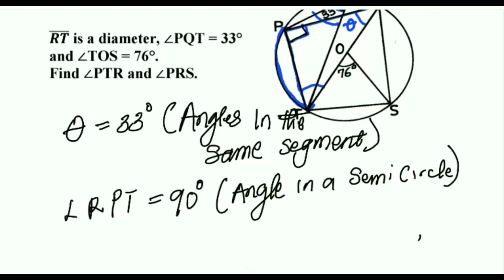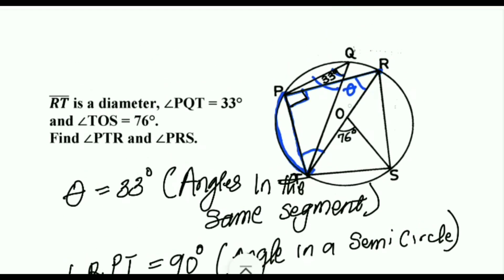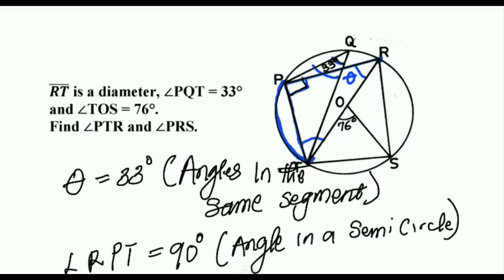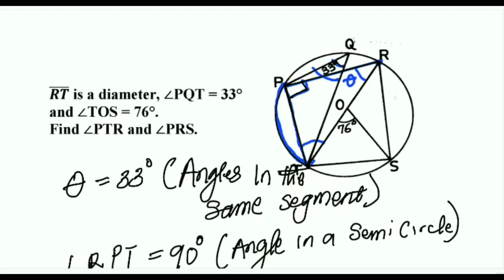Now that we have this as 90 degrees and theta as 33 degrees, we can find what we are asked to do, which is to find angle PTR. Let's call that alpha, for instance. Now consider triangle PRT, a right angle triangle.